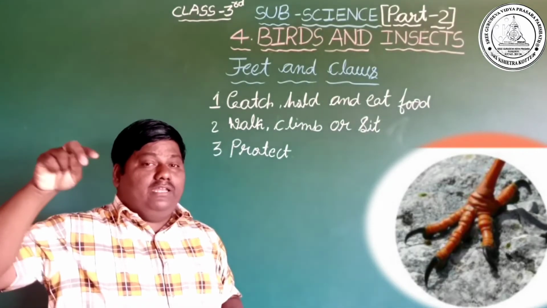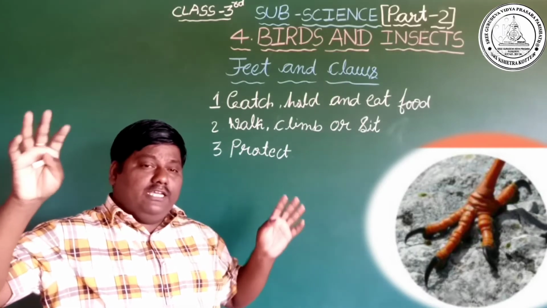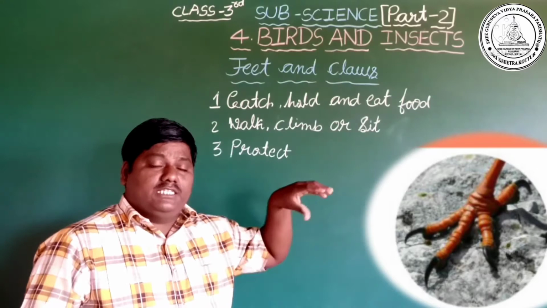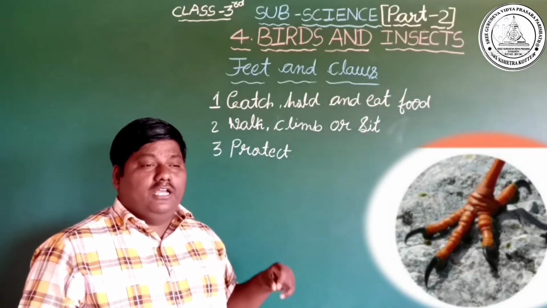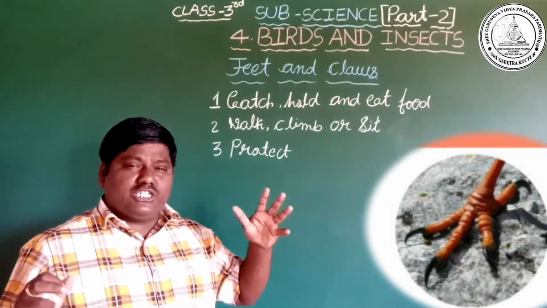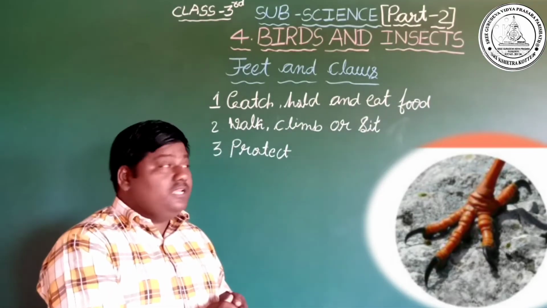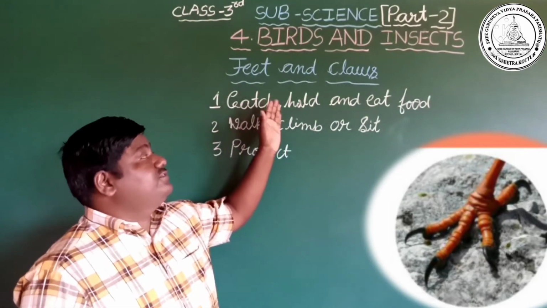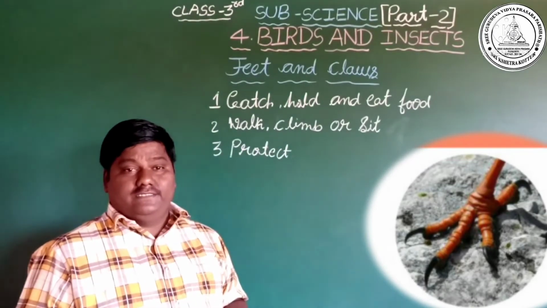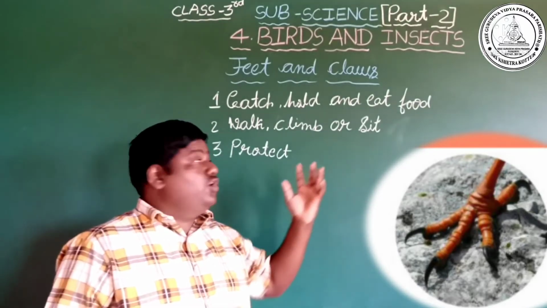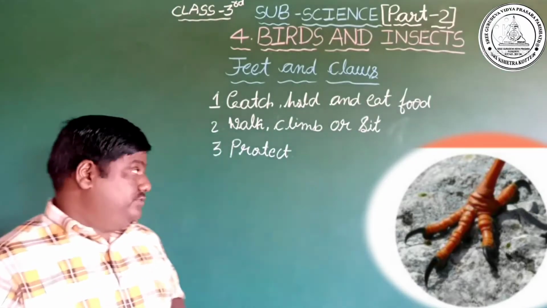See, when the eagle is flying in the sky, when it sees a snake or any bird, automatically in a fraction of a second it comes and catches. How is it possible? With the help of its feet and claws. Okay, and the feet and claws help the bird to eat the food also.